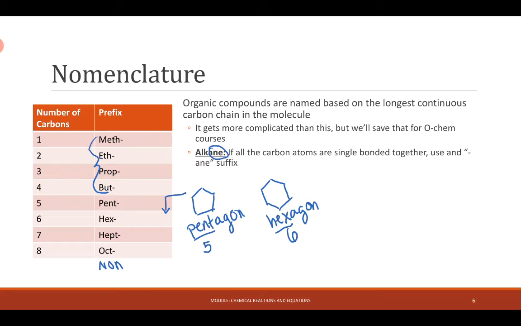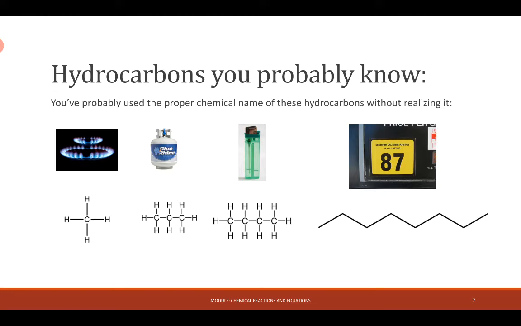And so if you pair these with the names, you can actually get some pretty familiar sounding names, like methane, ethane, propane. So these are very well-known compounds. And so you might have heard of methane in terms of natural gas or a greenhouse gas.